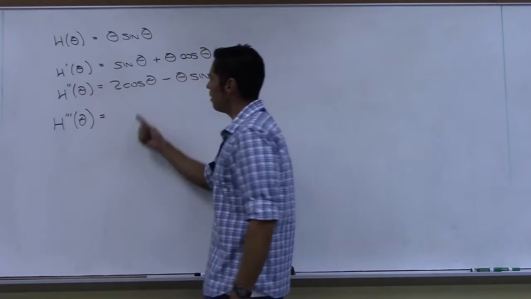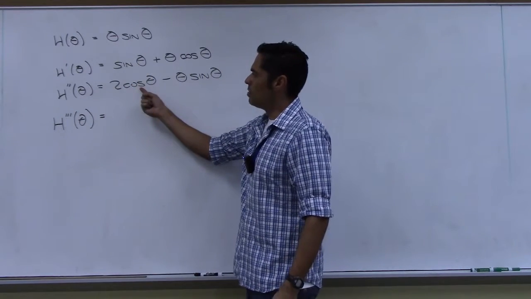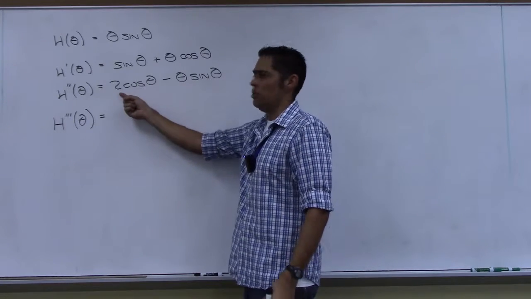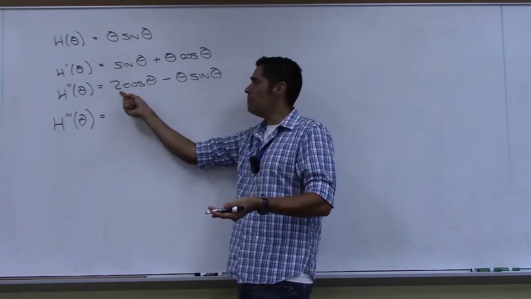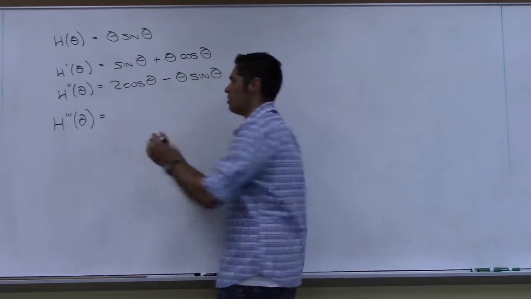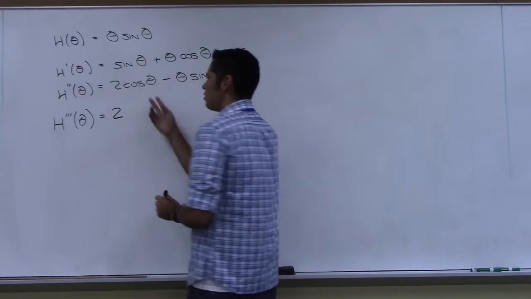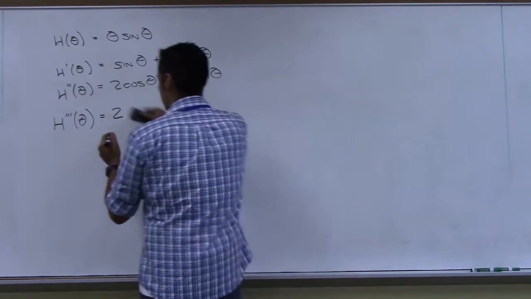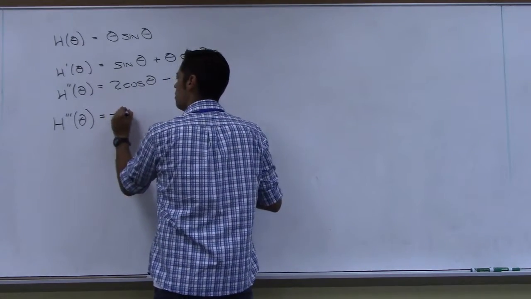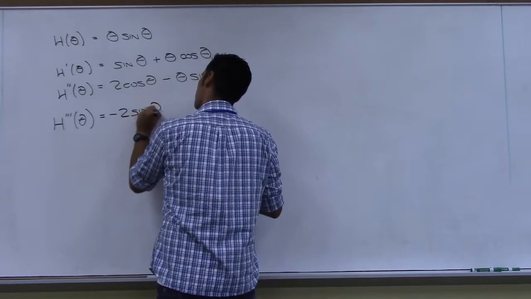Well, what's the derivative of 2 cosine theta? So what do you do with the 2? Just bring it with us, right? It's coming along for the ride because it's attached to the function. So 2 is going to come with us. And derivative of cosine theta is, what is it? Negative sine. So I should probably make that a negative 2 sine theta.